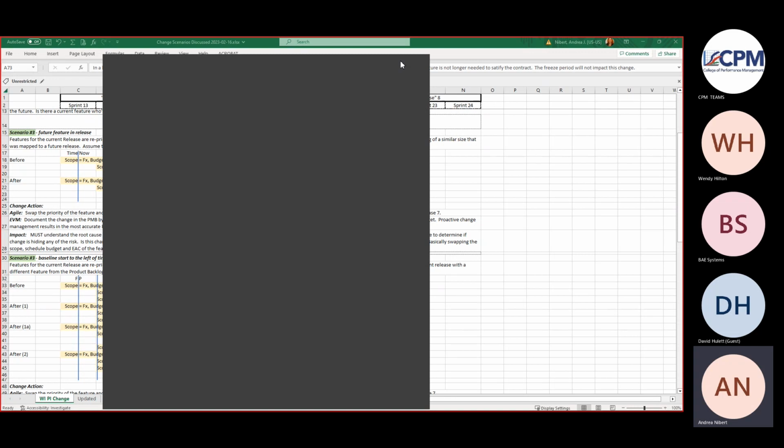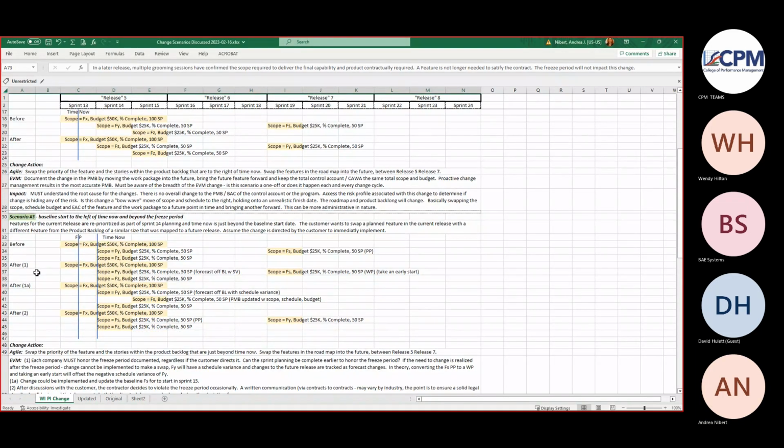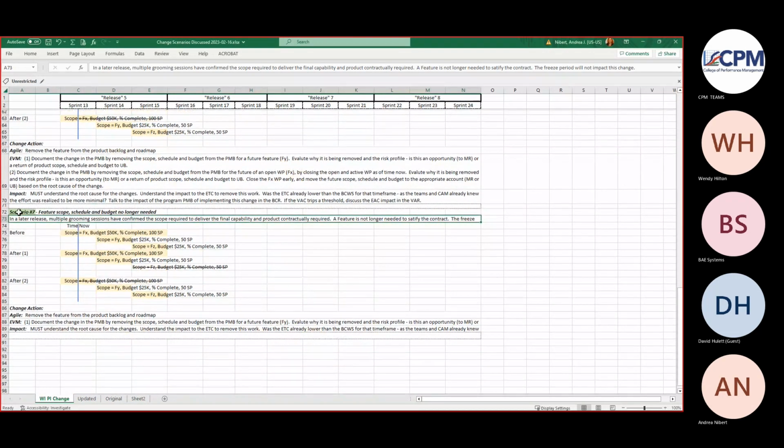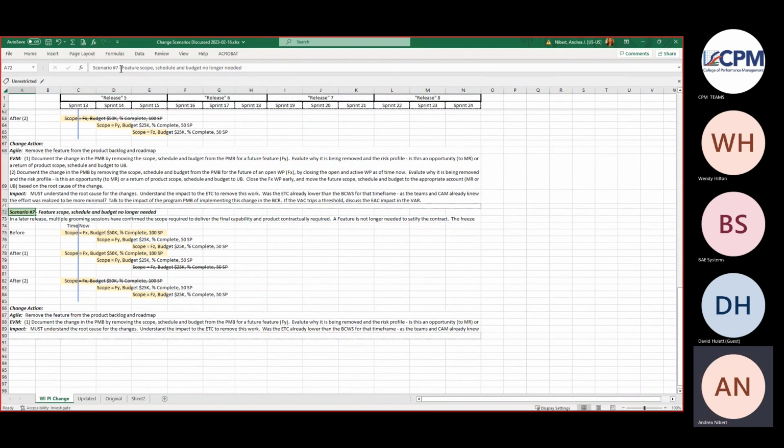So the work package feature is 30% complete. So what that would look like, this is actually scenario 2 from the guide.